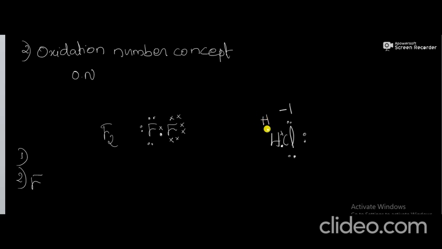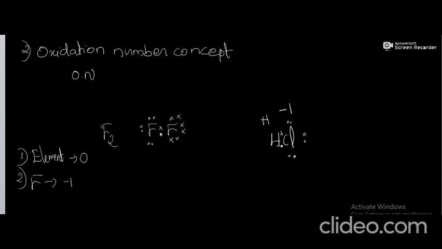This is the formal charge of hydrogen and of chlorine. This means that the oxidation number of chlorine in the HCl molecule is -1 and that of hydrogen is +1.